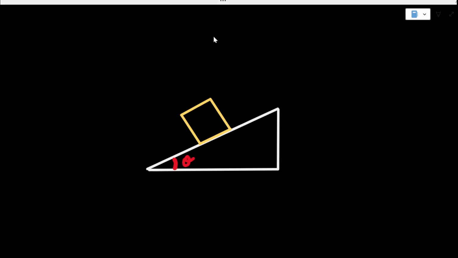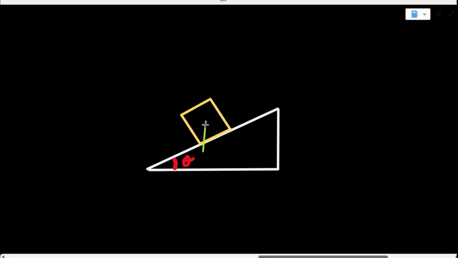Now, let us now label the forces acting on the block. So several forces would be acting on the block. Let us draw all the forces. The easiest one is the force which would be vertically downward, through the center of mass.